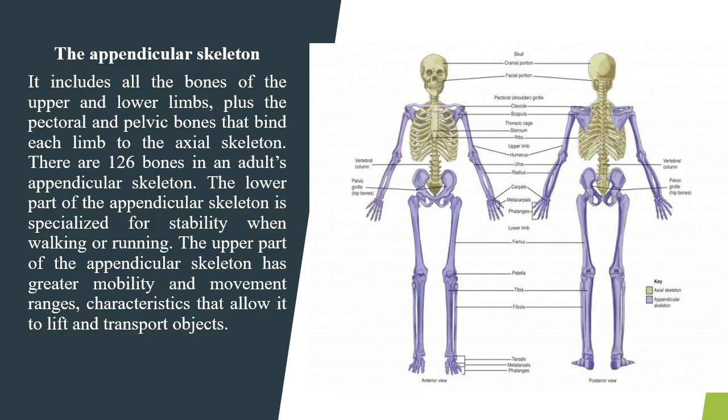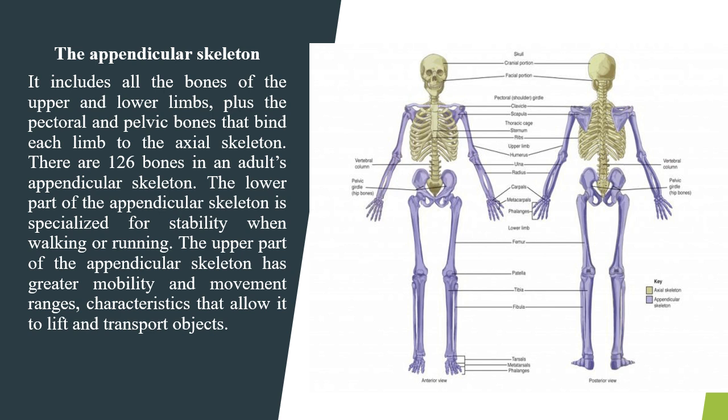The appendicular skeleton includes all the bones of the upper and lower limbs, plus the pectoral and pelvic girdles that are each linked to the axial skeleton. There are 126 bones in an adult appendicular skeleton.